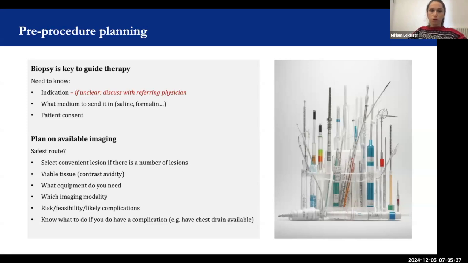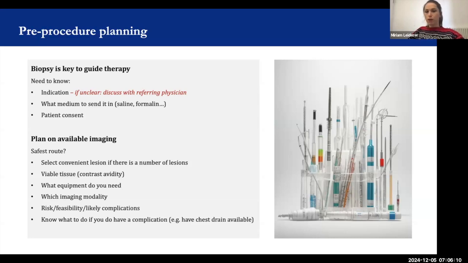Well, biopsy should always guide therapy. So the most important thing to ask yourself is always, what is the indication for the biopsy? If the indication is not clear from the clinical picture or the imaging or whatever information the referrer has given you, then you should try and discuss with the referring physician and find out what the indication for the biopsy is.